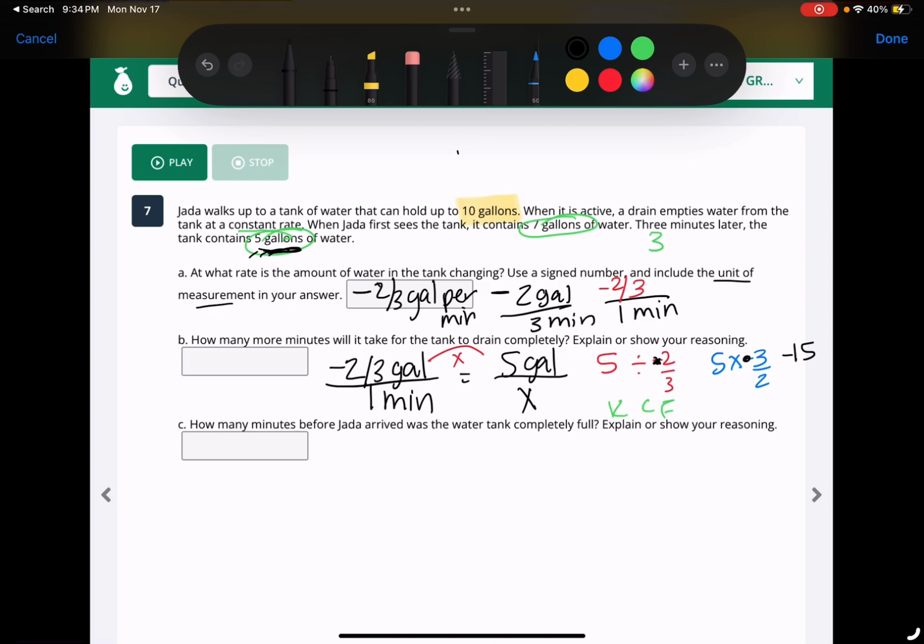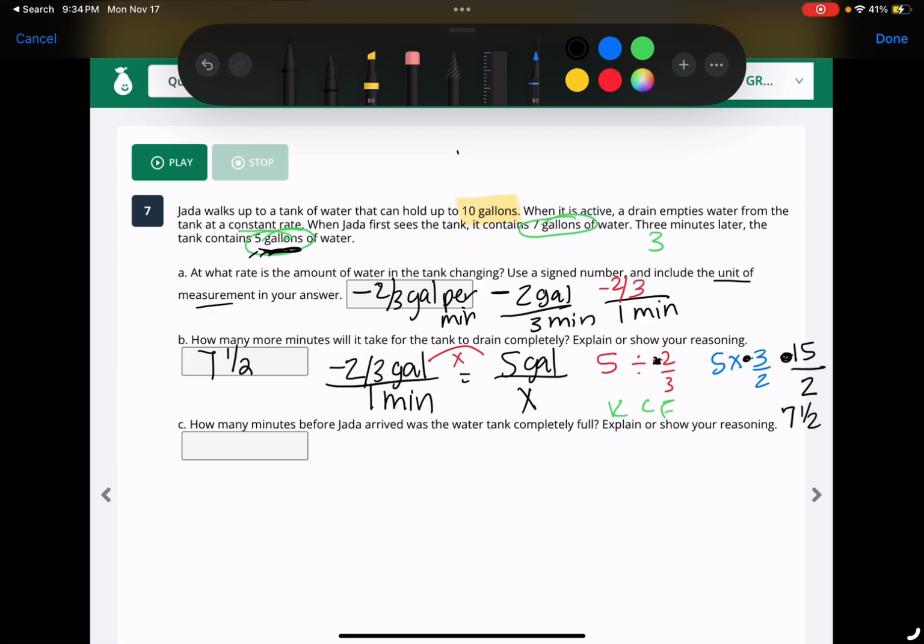So I'm just going to mark that out. That would be 15/2. The reason we don't need a negative is it's asking how much time it would take. It is going down 2 gallons in 3 minutes, but it says how much time would it take. So it would take 15 halves, and 2 goes into 15 7 times, so this answer here would be 7 1/2.